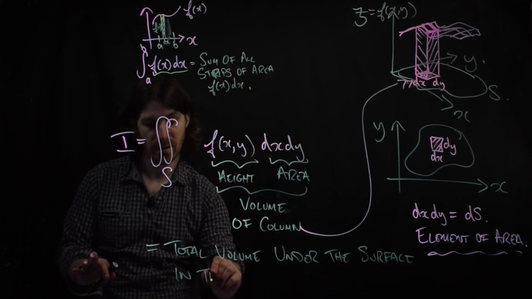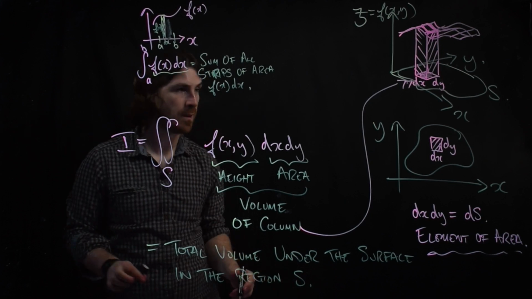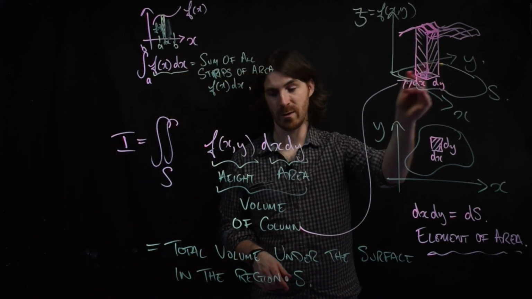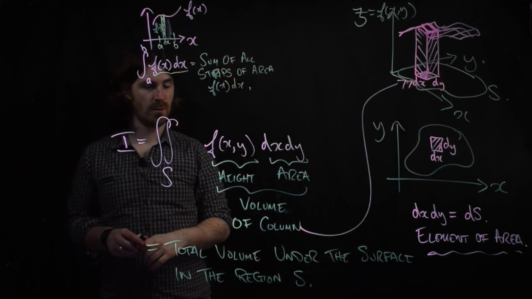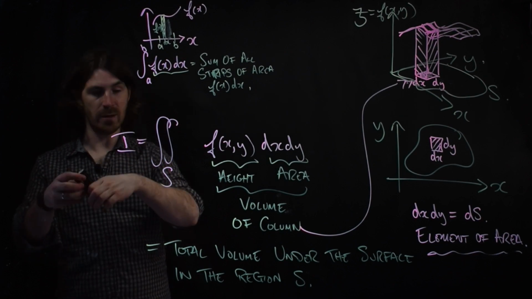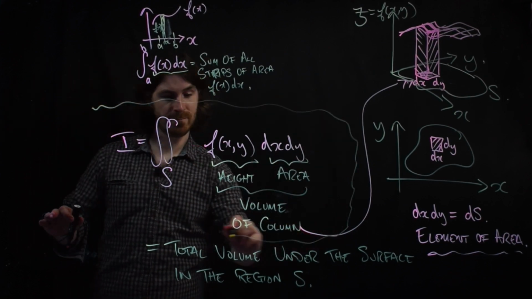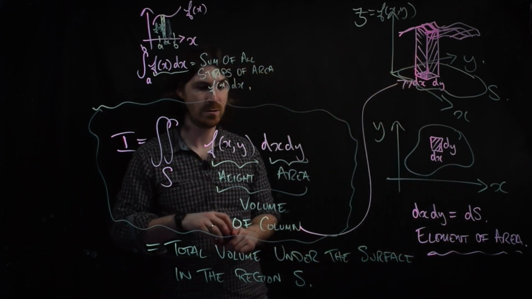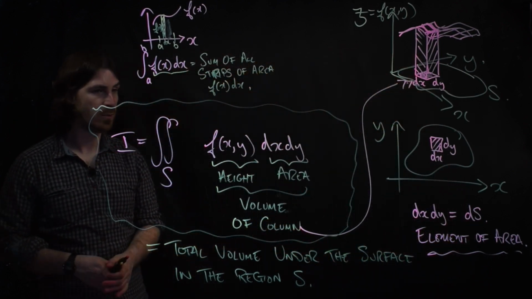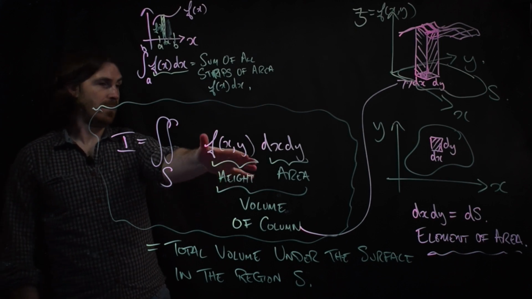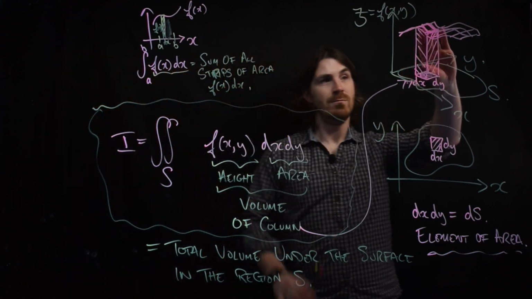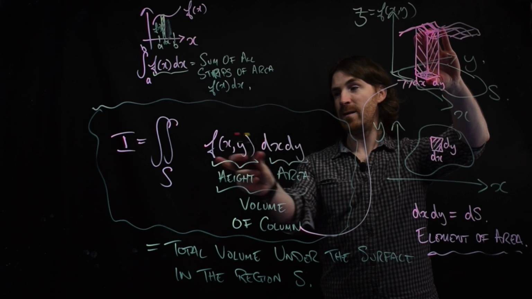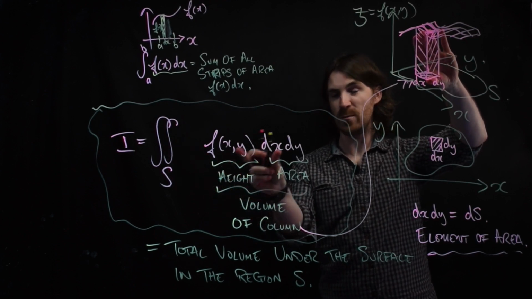In the region defined, this is some closed region in the xy plane. So this is our double integral, and we'll see how we can calculate these double integrals in a second. But keep in mind that this is just the volume of the column, and then with the integral we're summing over all the columns.